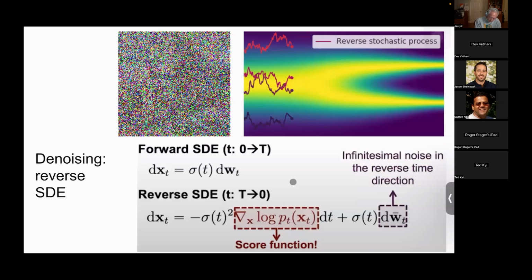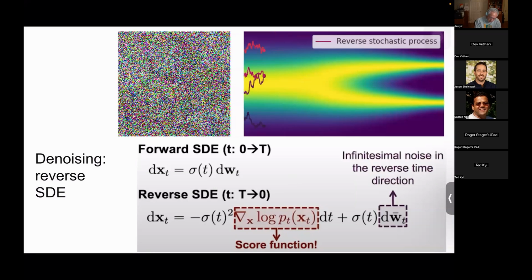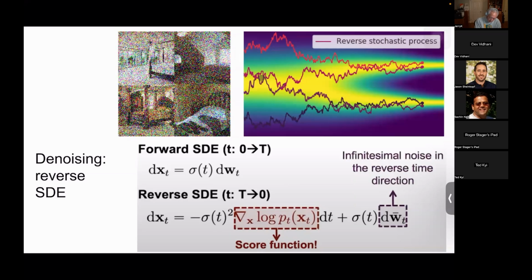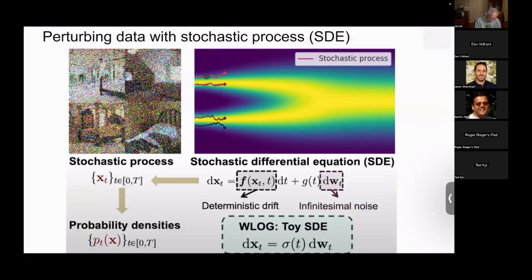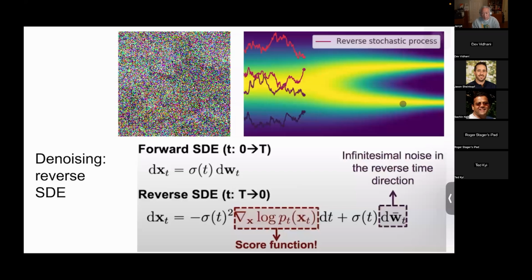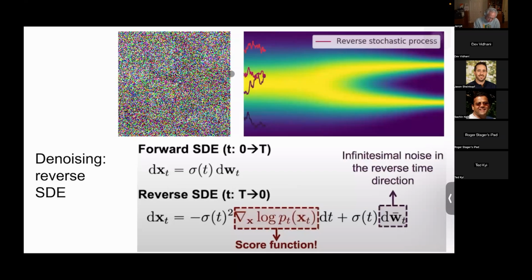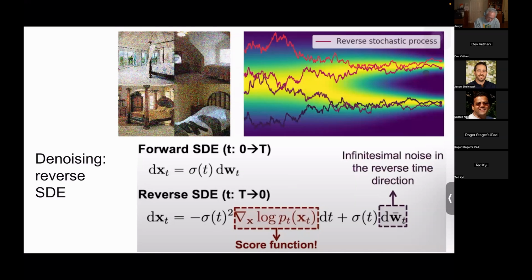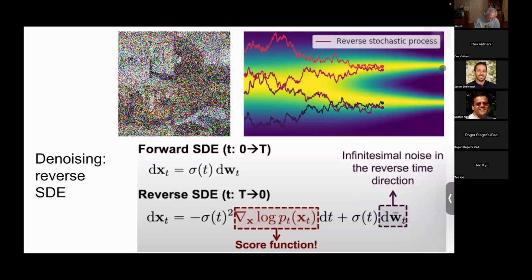And what you have here is the reverse process, where you have denoising. Essentially, if I go back very quickly to show the stochastic process, you have the bimodal distribution on the left going into Gaussian. And what you have now here is the Gaussian distribution on the left, and you're doing the reverse stochastic process, and I'll come to why it is the reverse stochastic process, to get the bimodal distribution here.